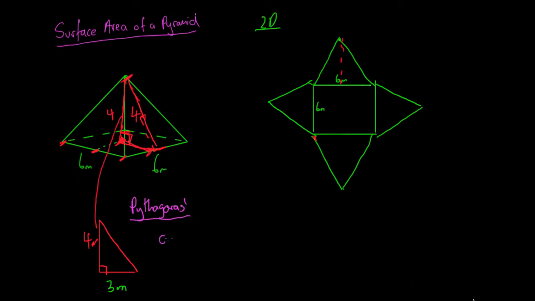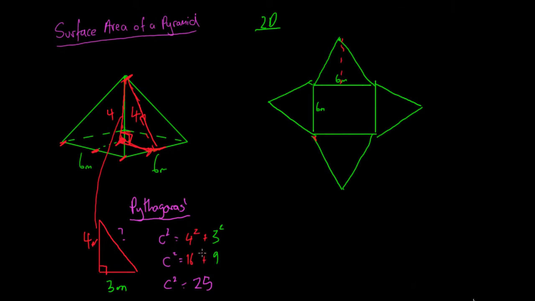Pythagoras Theorem just says c squared, or the length of this side here squared, is equal to the length of the other two sides squared. So c squared is equal to 4 squared plus 3 squared. So c squared is equal to 16 plus 9, which is 25.